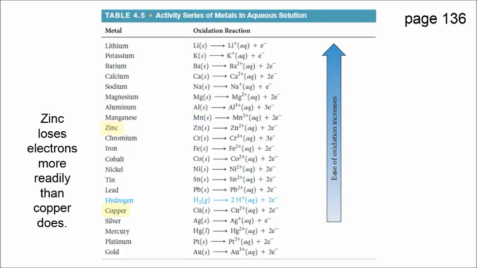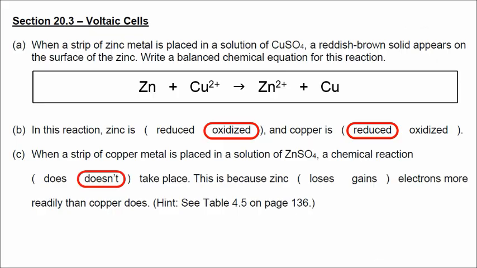Now this table 4.5 on page 136, back in chapter 4 they talked about oxidation-reduction and the activity series. We don't need an activity series to necessarily prove this. In this chapter we're going to talk about cell potential and voltage. But again, zinc does lose electrons more readily than copper does, so the electrons always flow from the zinc to the copper.